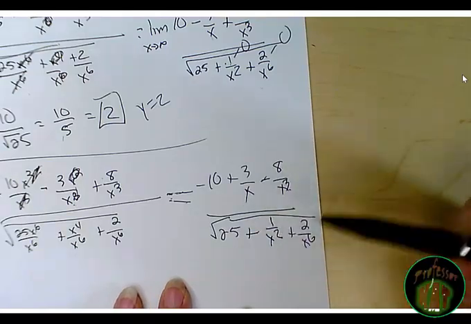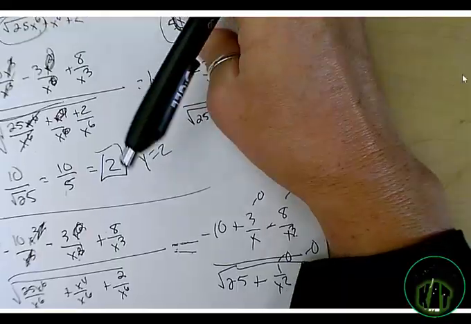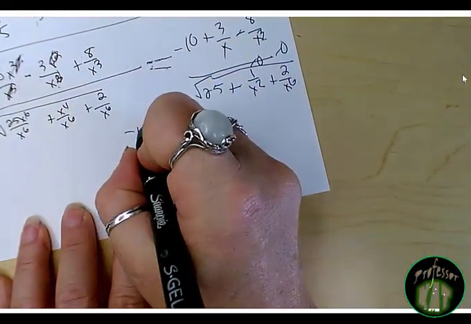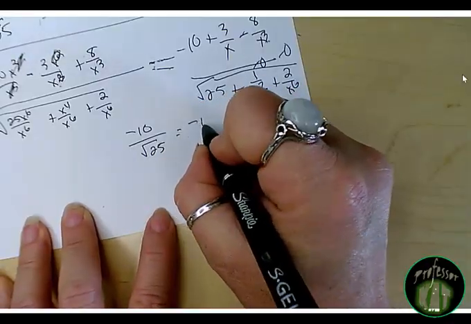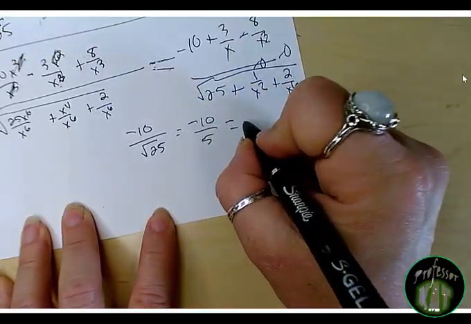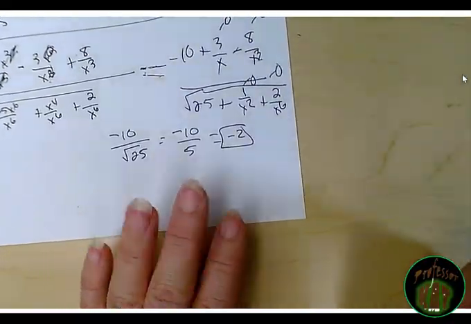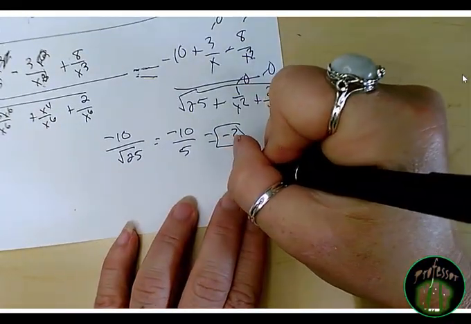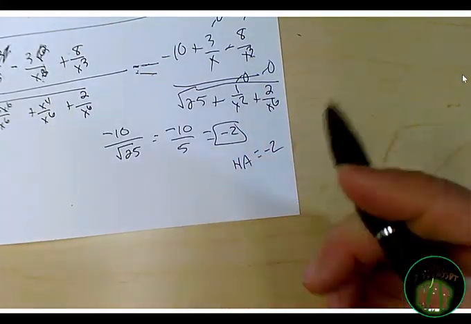All of these fractions with variables in the denominator are going to go to 0, which is going to leave us with a negative 10 in the numerator over the square root of 25, making that negative 10 over 5 or a negative 2. So for this one here, we're going to have a horizontal asymptote at negative 2.